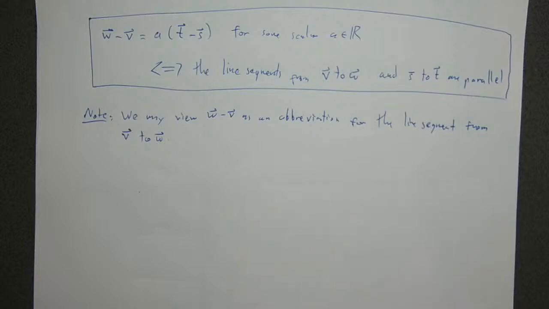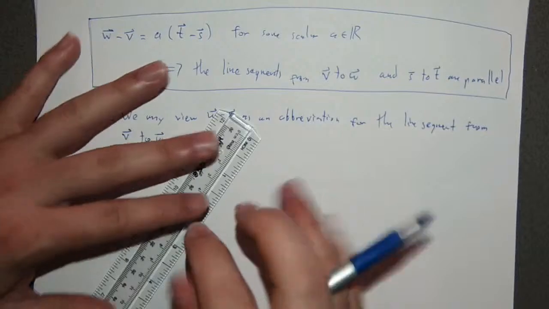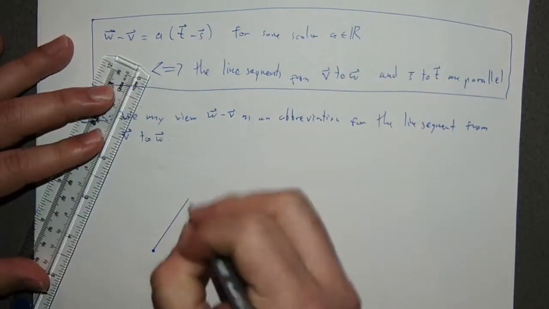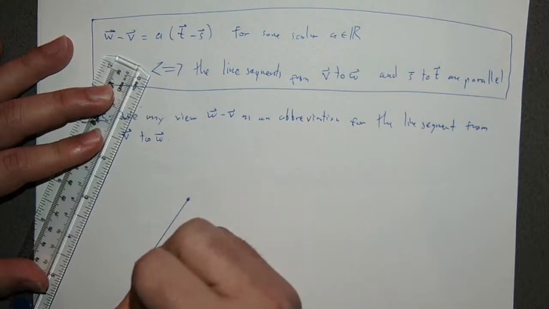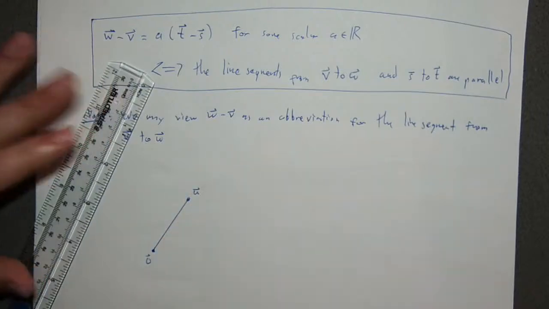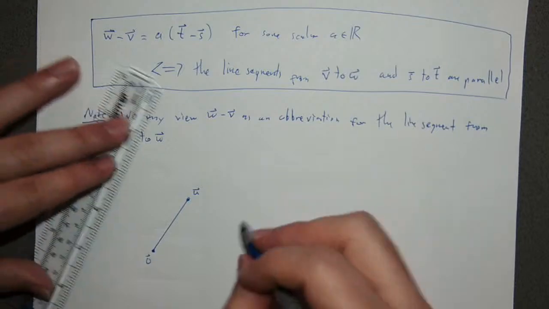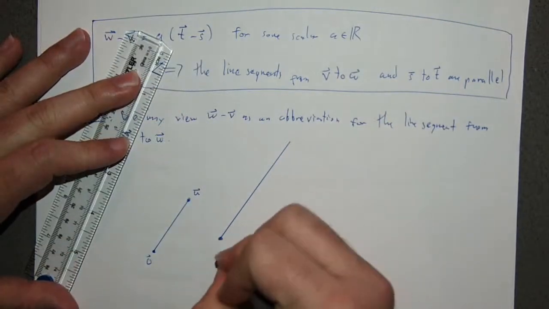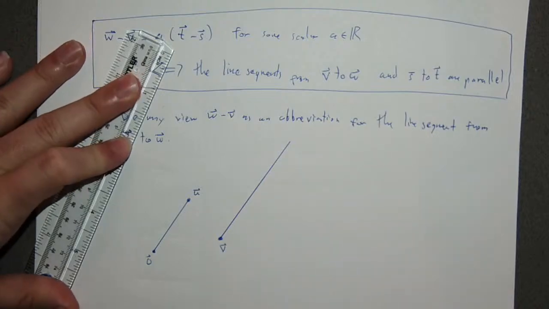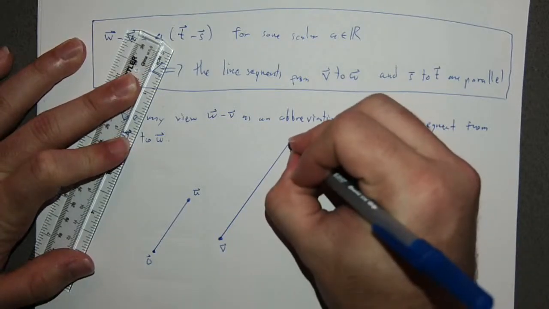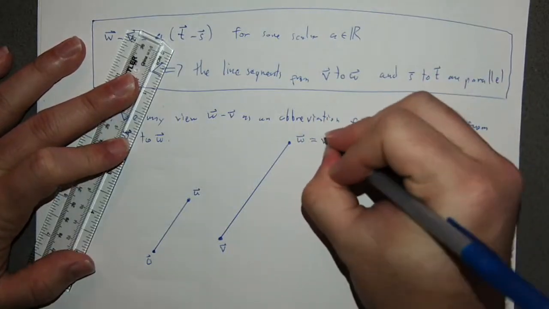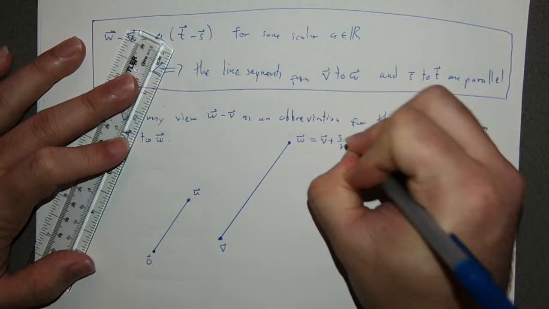So what are some pictures that show what's happening here? Well, let's say that we have a line segment from the 0 vector to u, and we have another line segment that goes from v to w. This w is v plus 3/2 u.